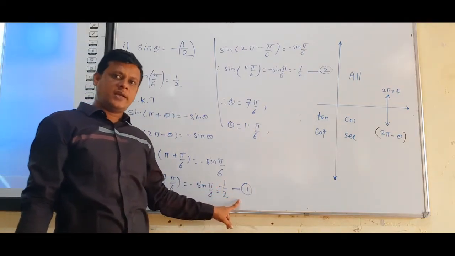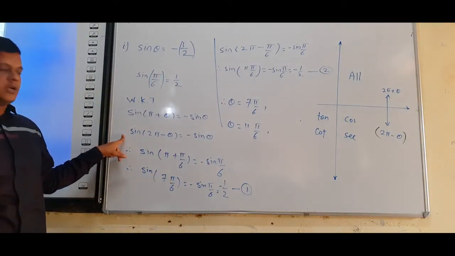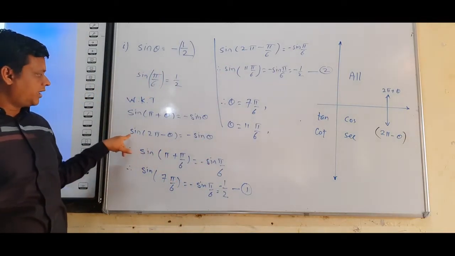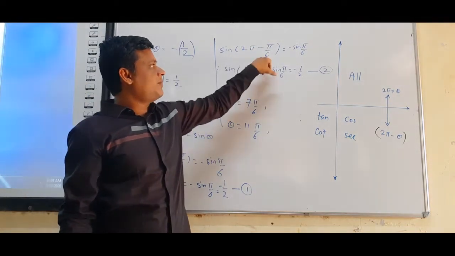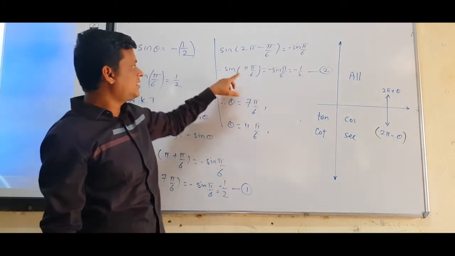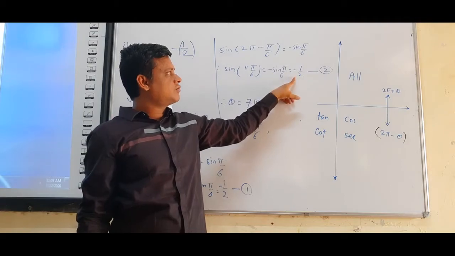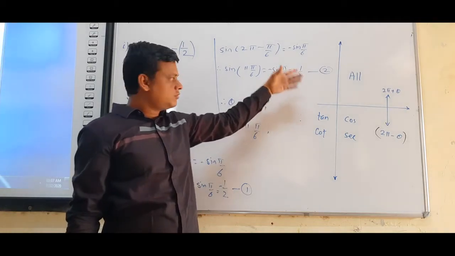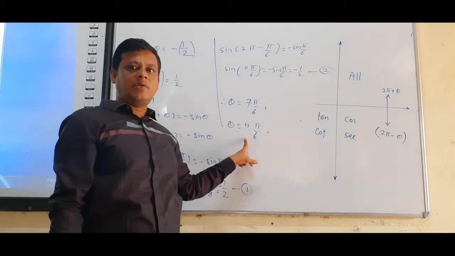Denote that as equation 1. Now we substitute the same value in equation 2: 2 pi minus pi by 6, that is 11 pi by 6, is equal to minus sin pi by 6, which is equal to minus 1 by 2. So we get the principal solutions: 7 pi by 6 and 11 pi by 6.